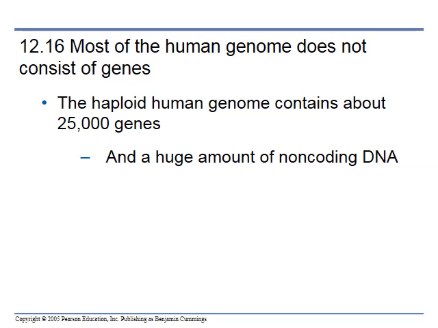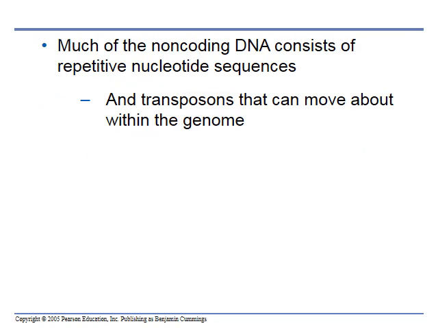Some of it we still don't know, but some of it's structural, holding chromosomes together. Some of it's protective, and some of it's regulatory, helping turn genes on and off. Much of the non-coding DNA consists of a repetitive nucleotide sequence. And where we think that might have come from are these things called transposons.